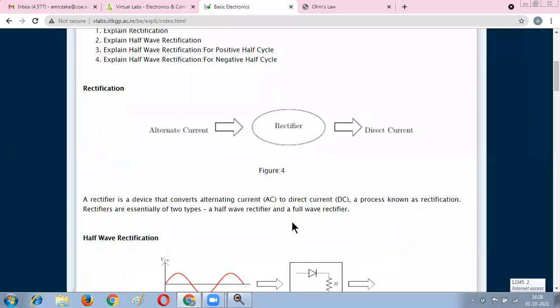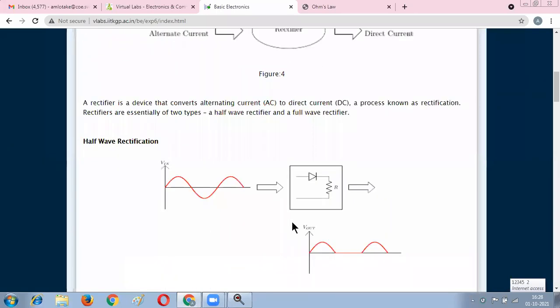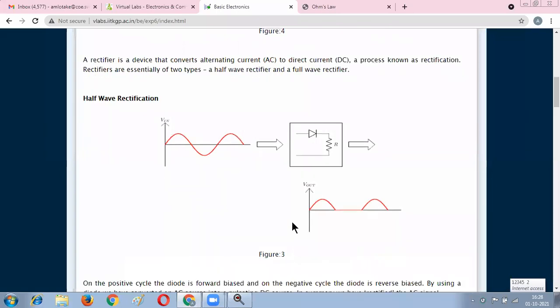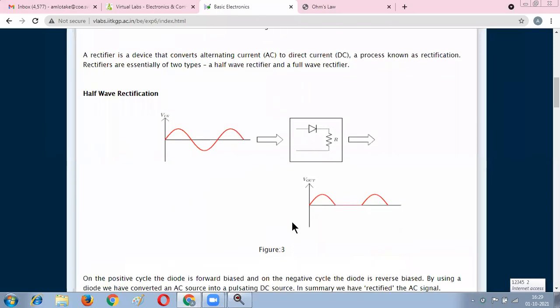So in the half wave rectifier, what is the process? As I have asked, in the half wave rectification, how many diodes are used to convert the alternating supply into direct pulsating output? The diode acts as a rectifier. How many diodes are used for half wave rectification?